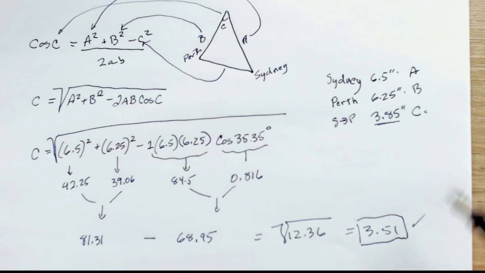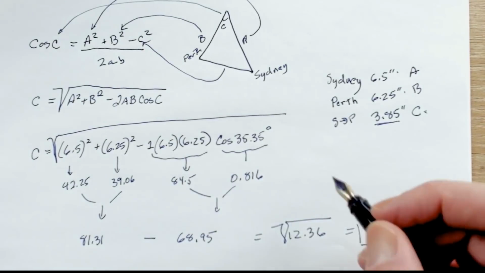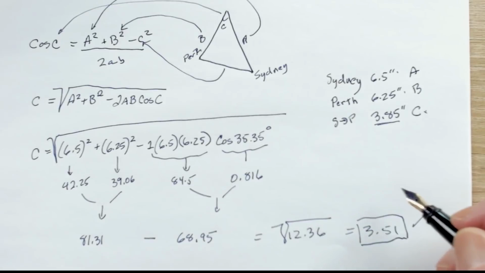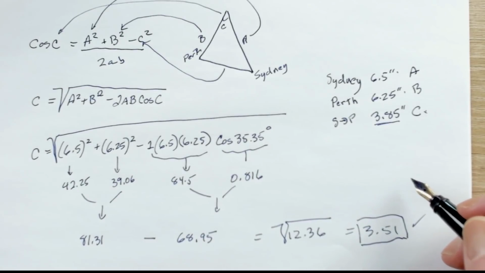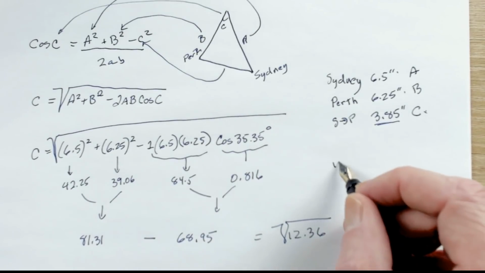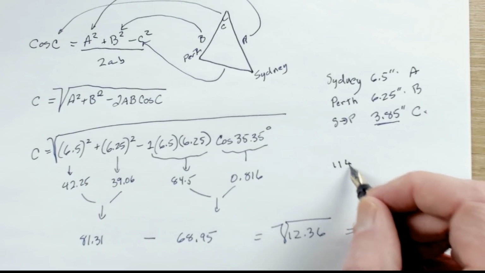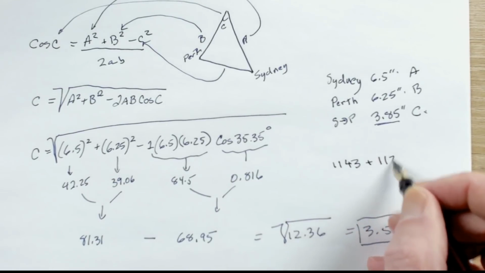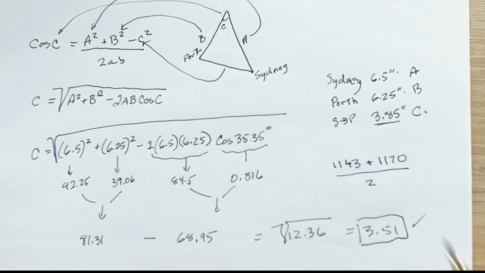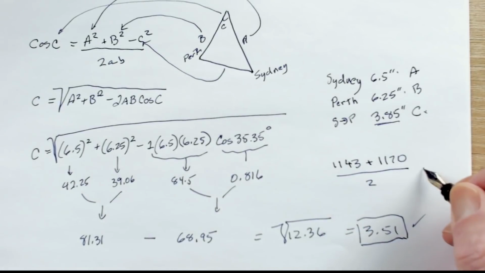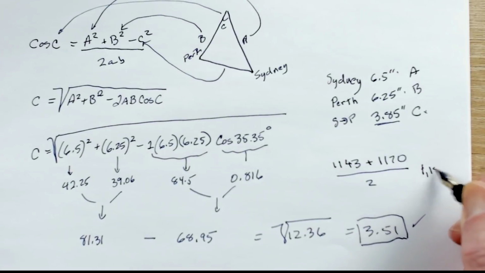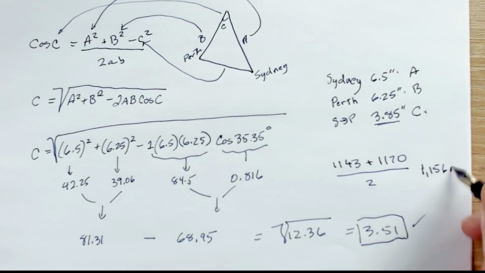Now, if you try and use a scale for this, you're going to find that on the measured distance and the calculated distance, you're going to get a slightly different number of miles per inch. It's going to be 1143 and 1170. If we add those together and divide it by 2, we get an average of 1,156 nautical miles per inch.